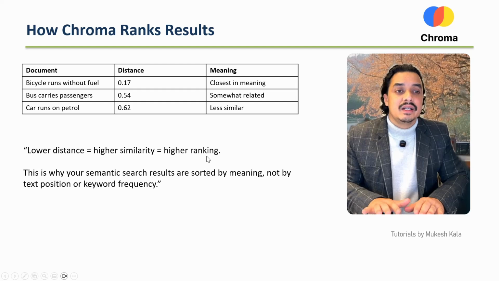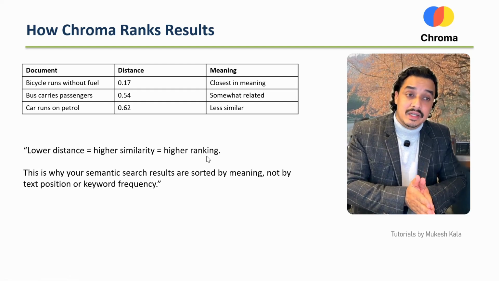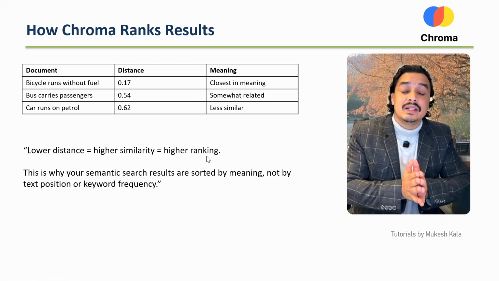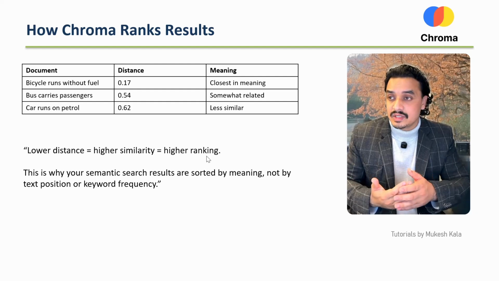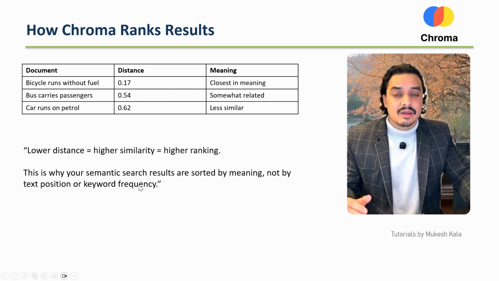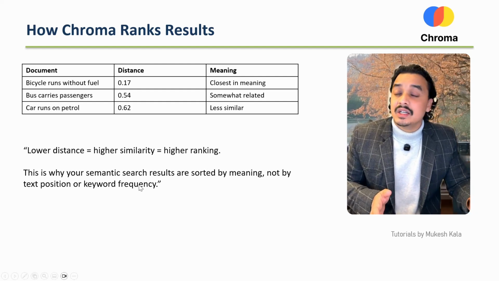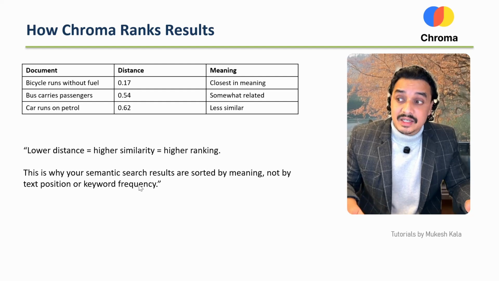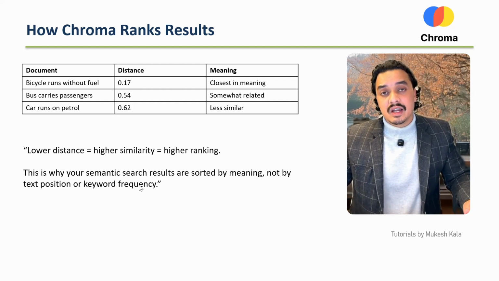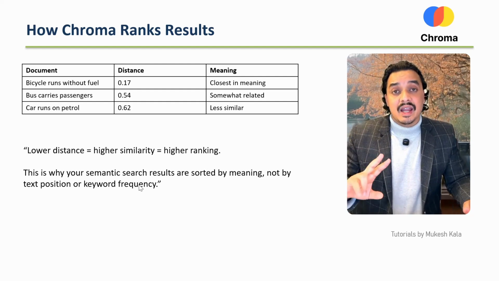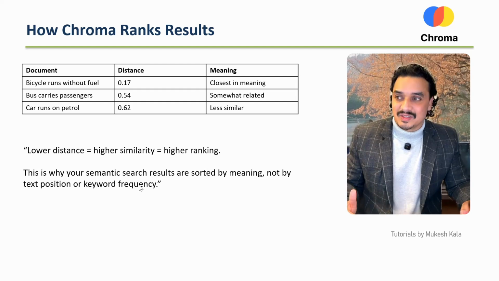That is why semantic search results are sorted by meaning and not by the text position or the keyword frequency. Even if a keyword is appearing 10 times in the same thing, it won't give you that, because the meaning is different. And how is the meaning derived? The meaning is derived from embeddings, and how embeddings are derived we have seen in the previous video, right?